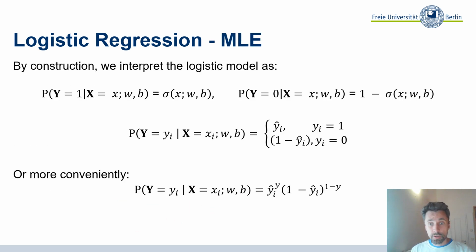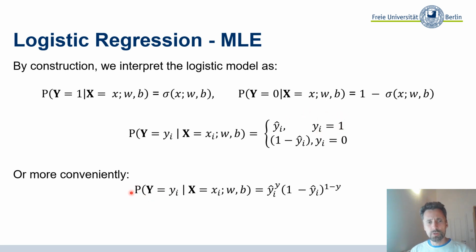So with the logistic function, we can now come up with an expression of the data either belonging to class 1 or 0. So it's either the sigmoid or 1 minus the sigmoid. And of course, we can write it like this kind of decision, asking for what the label of y was.